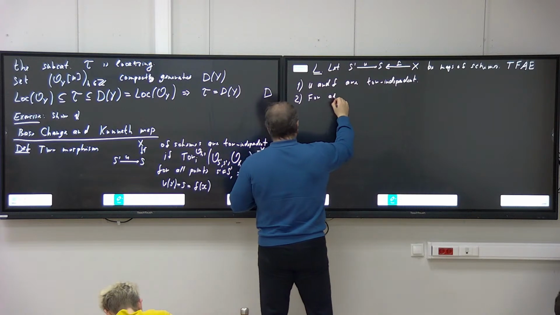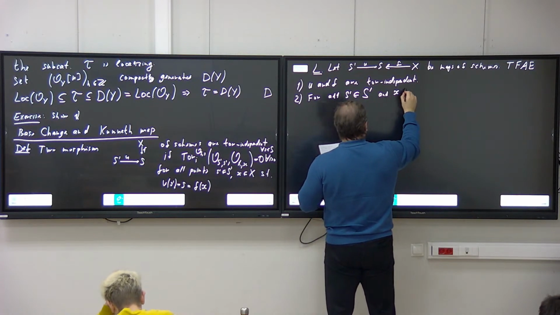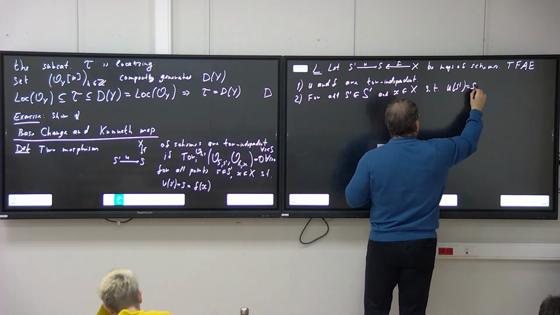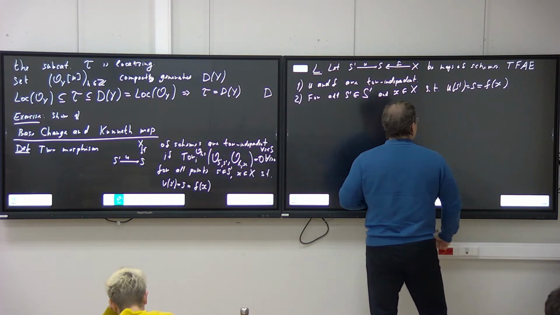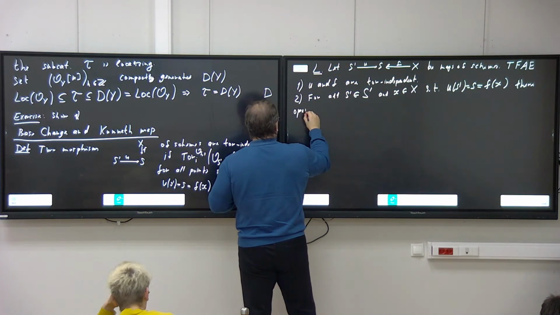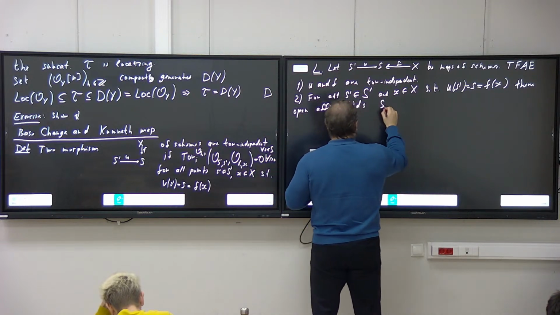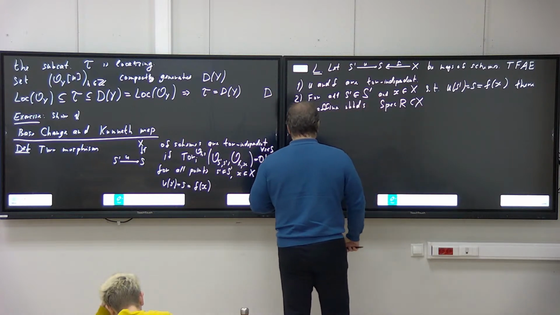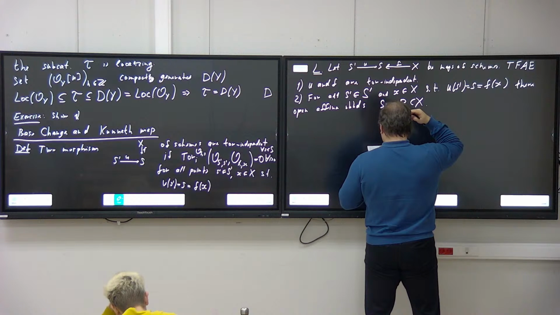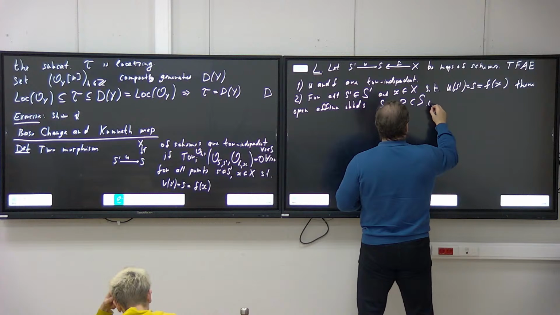For any points s prime in the scheme S prime and x in the scheme X, such that U of s prime is equal to s is equal to F of x, that's all, the condition as before, we claim that there are open affine neighborhoods Spec R in the S. This is an affine neighborhood of the point little s.